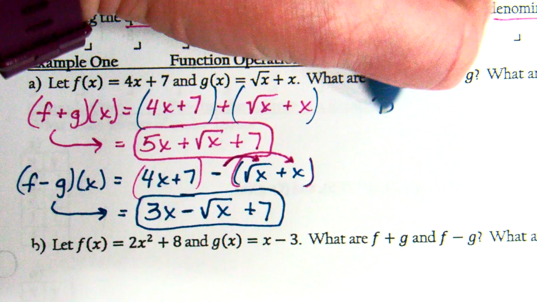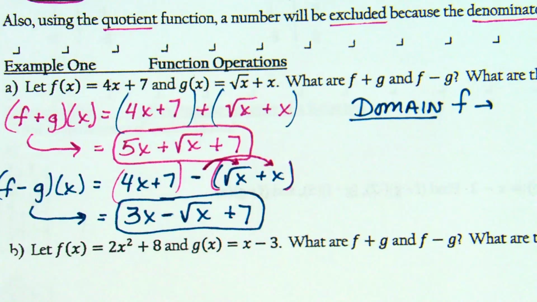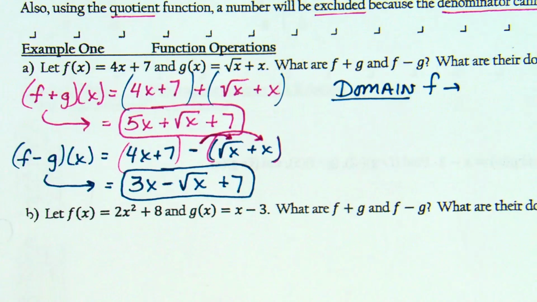Now, remember, domain are my x values, right? So when we look at this, are there any x values that we can't use in just f? So what was f? 4x plus 7. Are there any values you can't put in 4x plus 7?